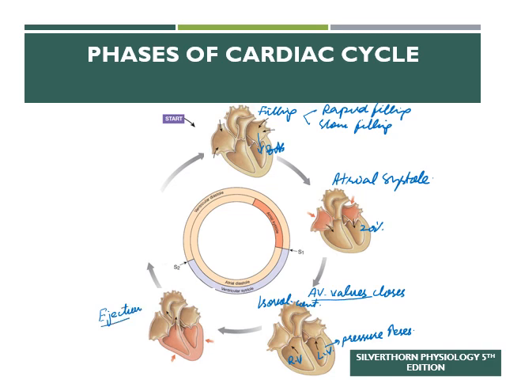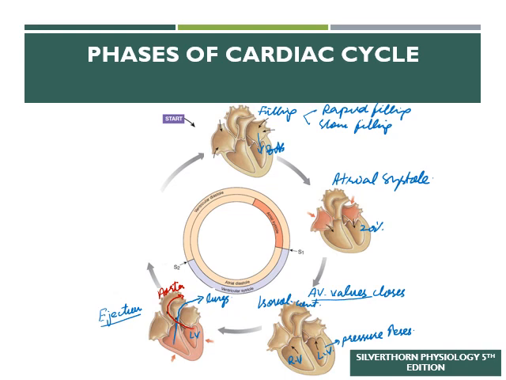During the ejection phase, blood is pumped from the right ventricle through the pulmonary valve into the lungs, and from the left ventricle the blood is pumped through the aortic valve into the aorta and then into the systemic circulation.